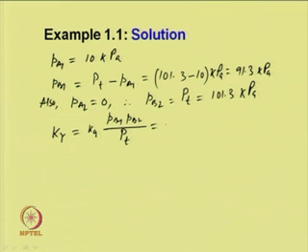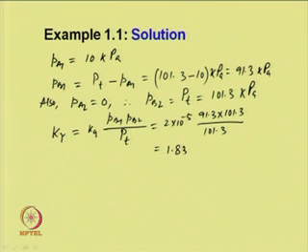So if we substitute 2 into 10 to the power minus 5, 91.3 into 101.3 divided by 101.3, this is equal to 1.83 into 10 to the power minus 3 kmol per meter square second delta Y.